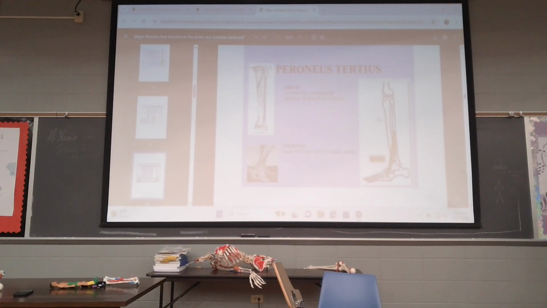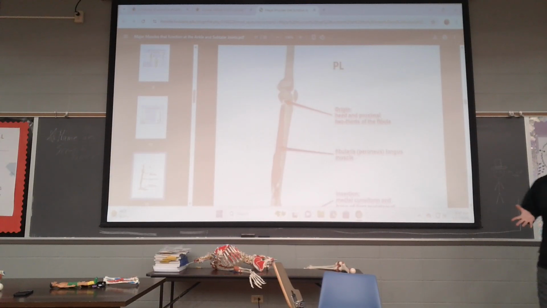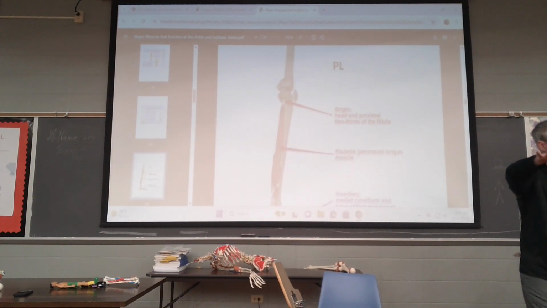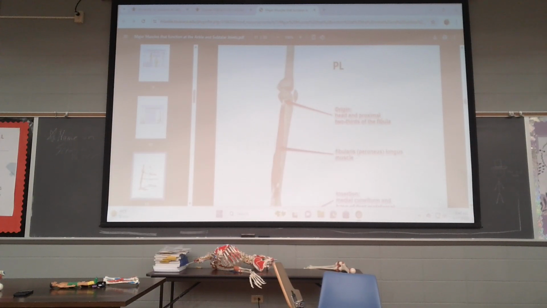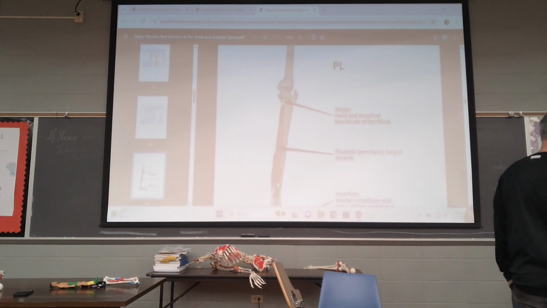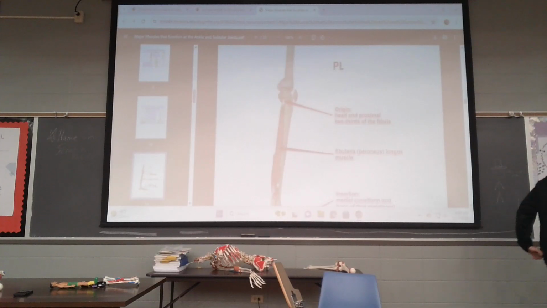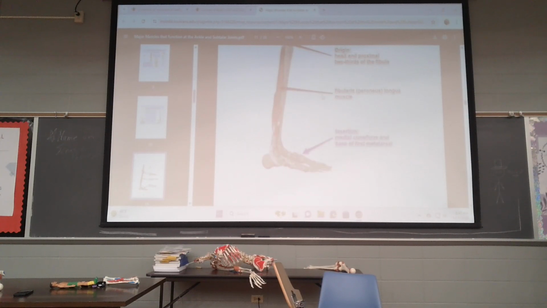Now the tertius has 2 cousins that are also lateral, but instead of being anterolateral like the tertius, these peroneals are posterolateral. The peroneus longus and brevis. Peroneals. So here's the whole family. We've got the tertius, and then the longus and the brevis.